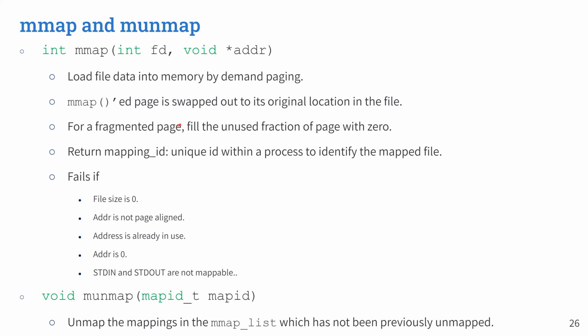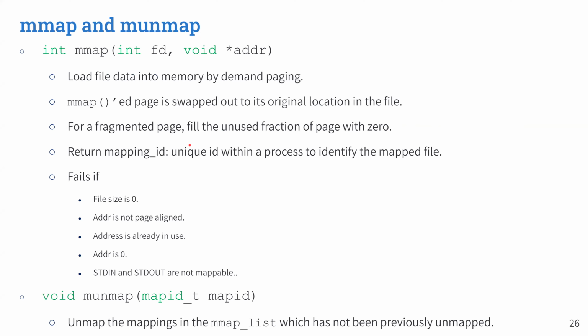And for fragment pages, let's say the file size is 10 kilobytes, then 2 kilobytes of the last page would not be used. In that case, you should fill the unused portion of the page with 0. This function returns a mapping ID, which is a unique ID within a process to identify the mapped file.